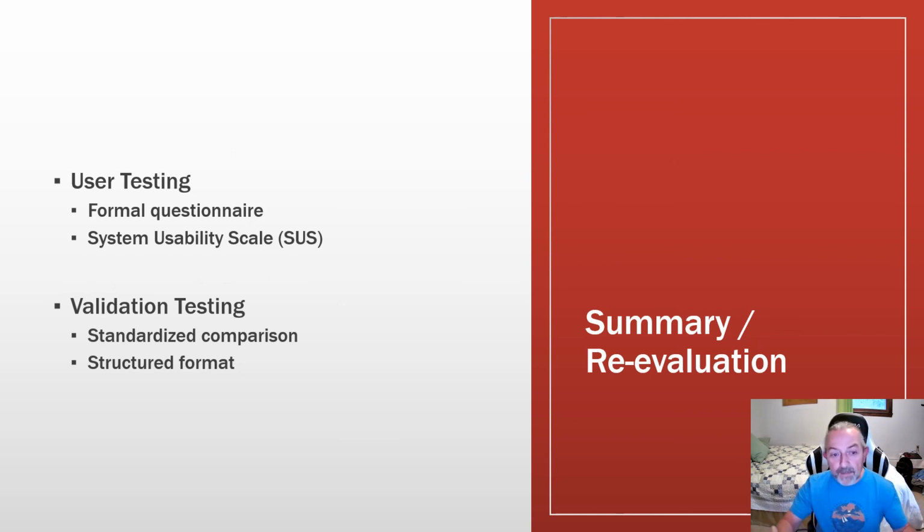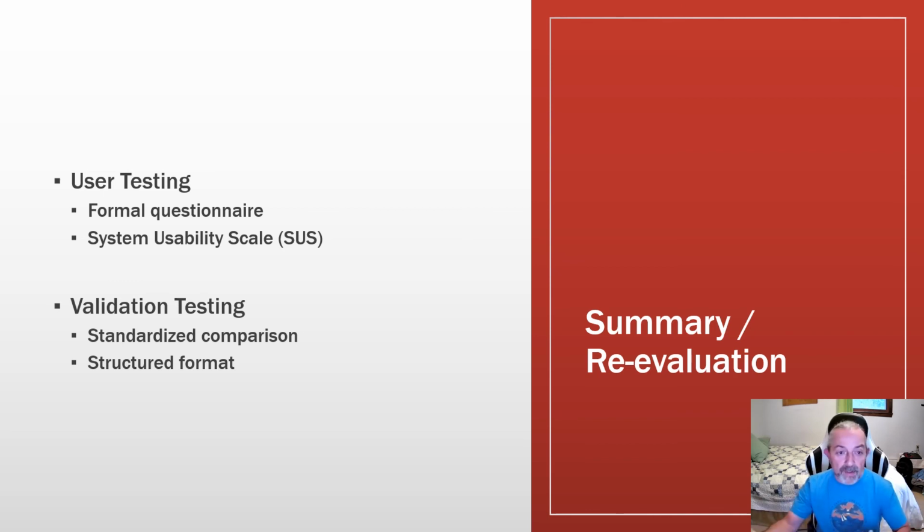And then finally, you get to this last piece where you're really looking at what it is that you designed, having it implemented, and then doing a summary and reevaluation of what you've got laid out in front of you to see if it's working the way you wanted it to.